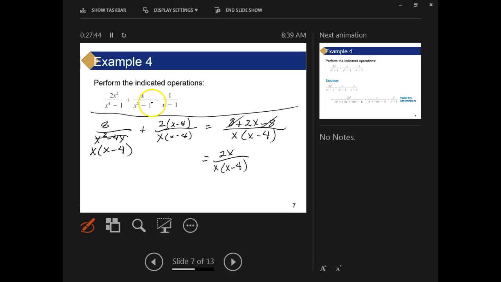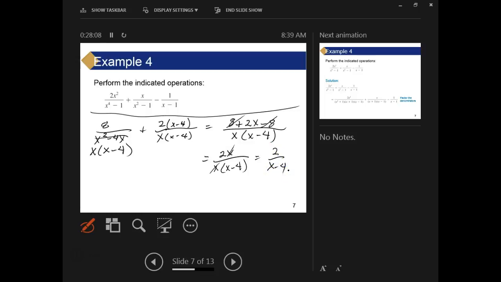And what can we do with that? Divide what? The x's. You're absolutely right, because those are multiplied. The x is multiplied by 2 here, multiplied by x minus 4 there. So divide those out, and what's your answer? 2 over x minus 4.